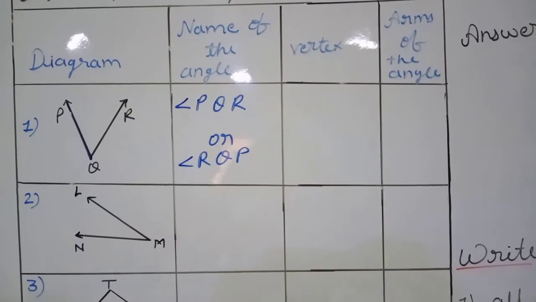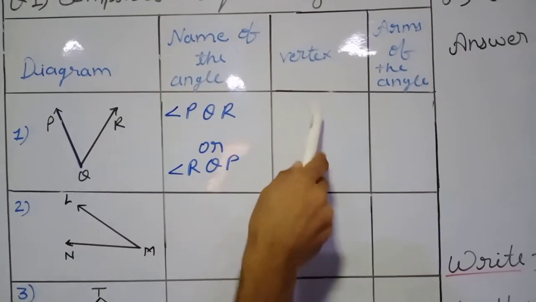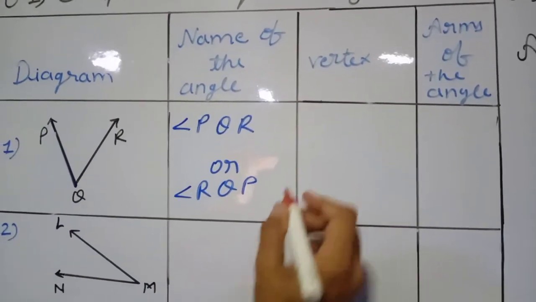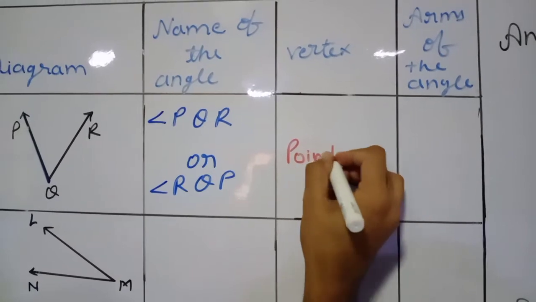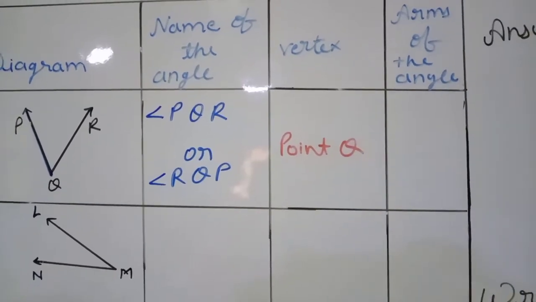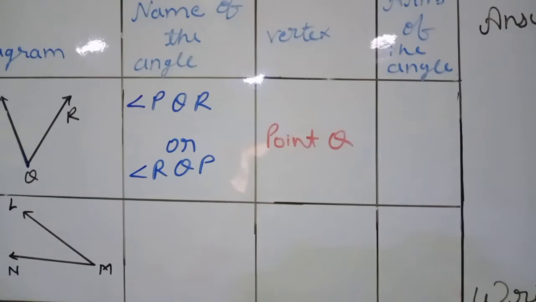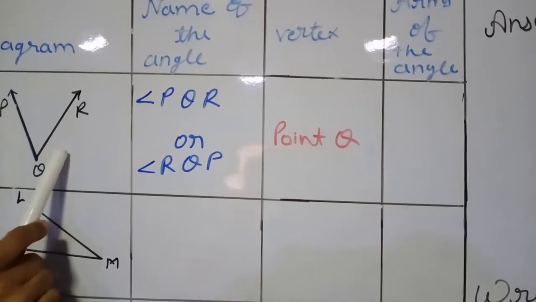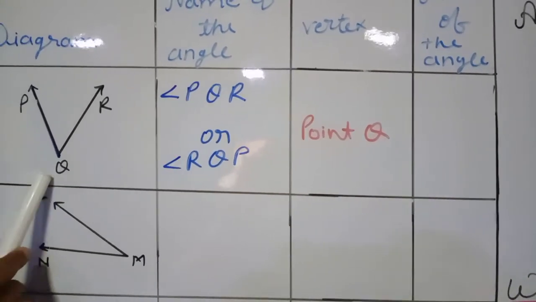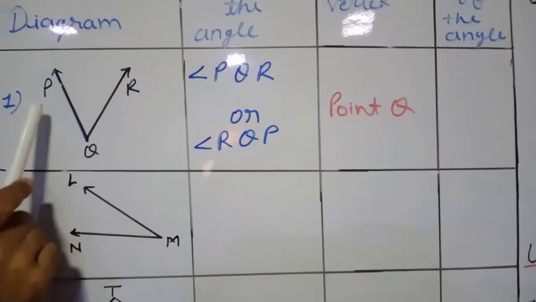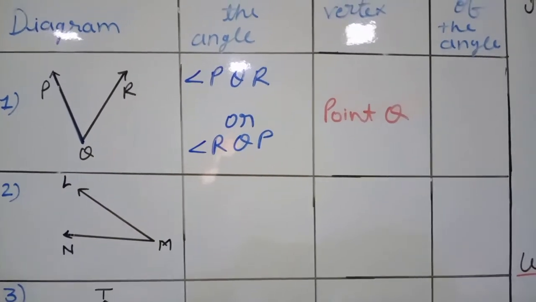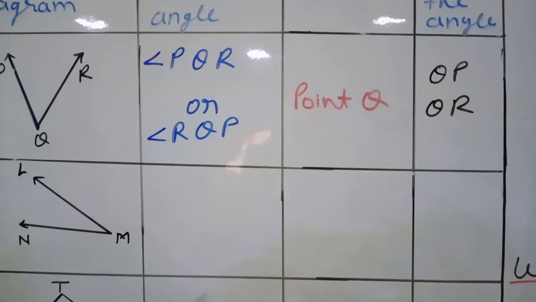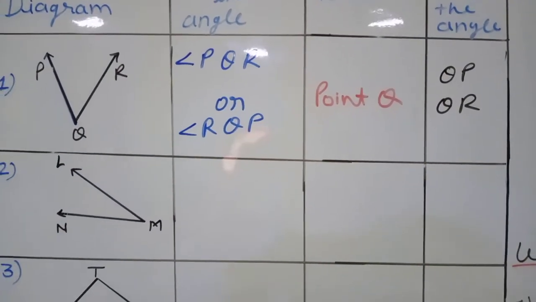The next one is the vertex. The vertex is the common endpoint where these two rays meet, that is point Q. The next one is the arms of the angle. The arms are the two rays, and their names start with the common endpoint, that is QP and QR. So we write QP, QR. These two are the names of the arms.